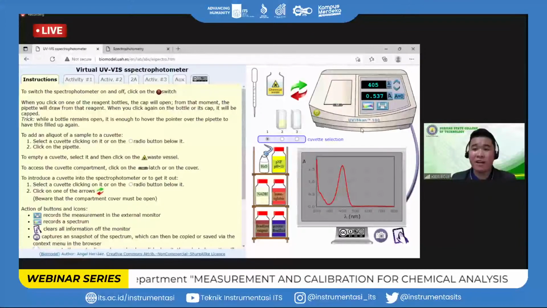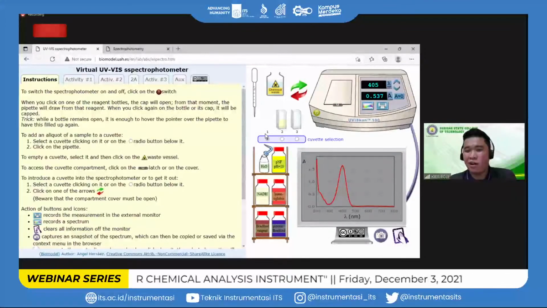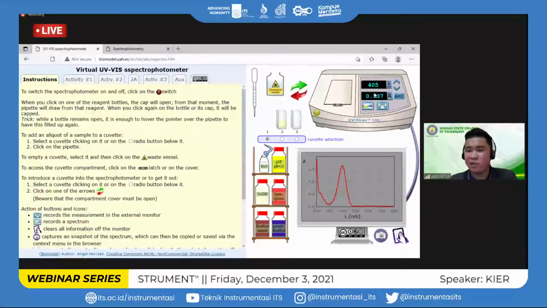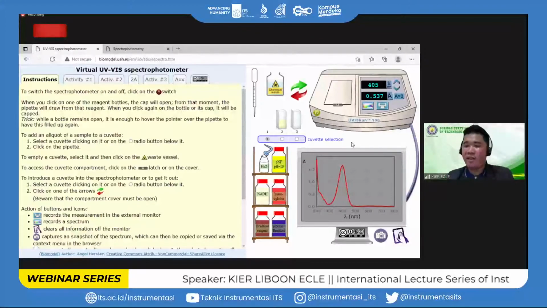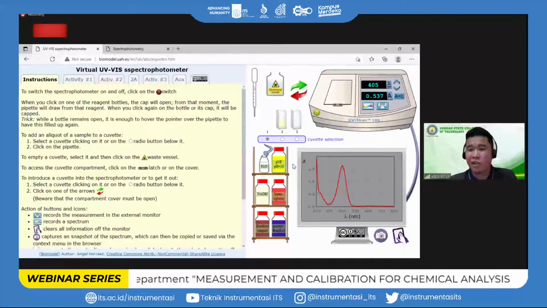You have here the absorbance reading for the 2:1 ratio of water and the PNF solution, an absorbance of 0.537.